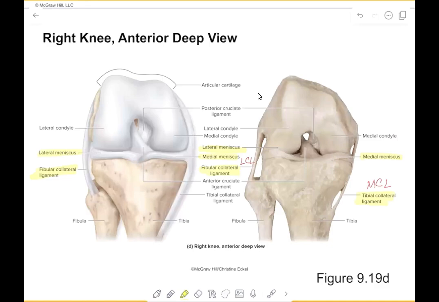And then there are intrinsic ligaments like the ACL, the anterior cruciate ligament, as well as the PCL, the posterior cruciate ligament. So we tend to refer to the knee joint as a modified hinge joint.